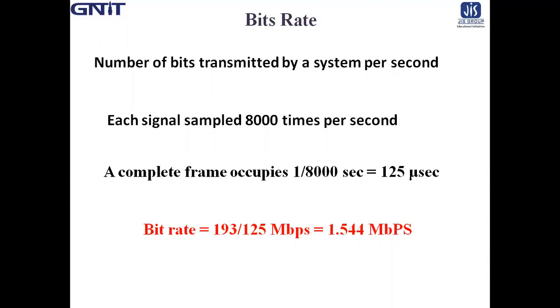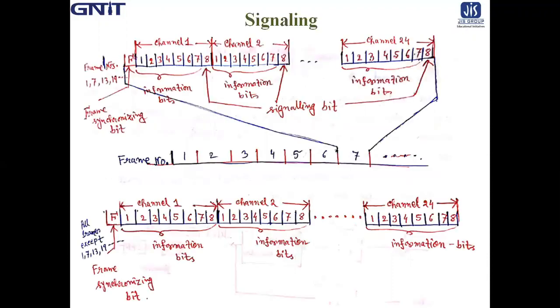Okay. So for the T1 digital system, it is very much important. For the T1 digital system, the bit rate is 1.544 Mbps. Then comes the signaling. A telephone system must be able to transmit not only the speech communication but also certain other signaling information.